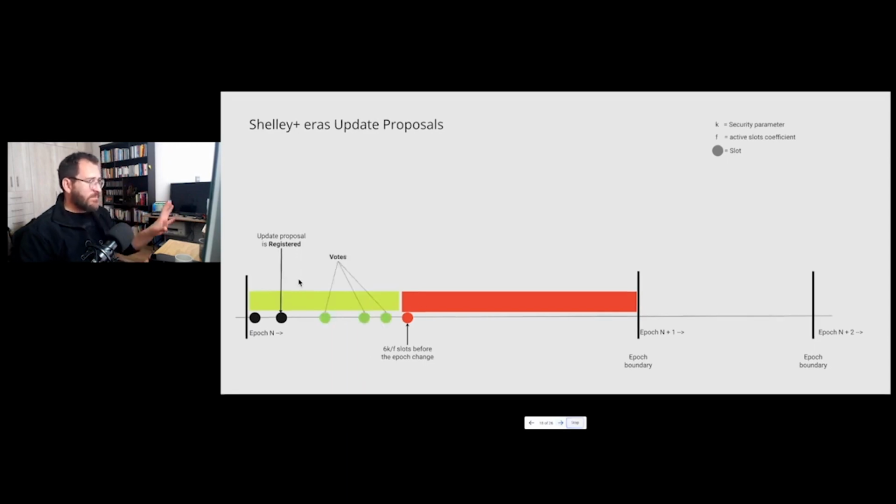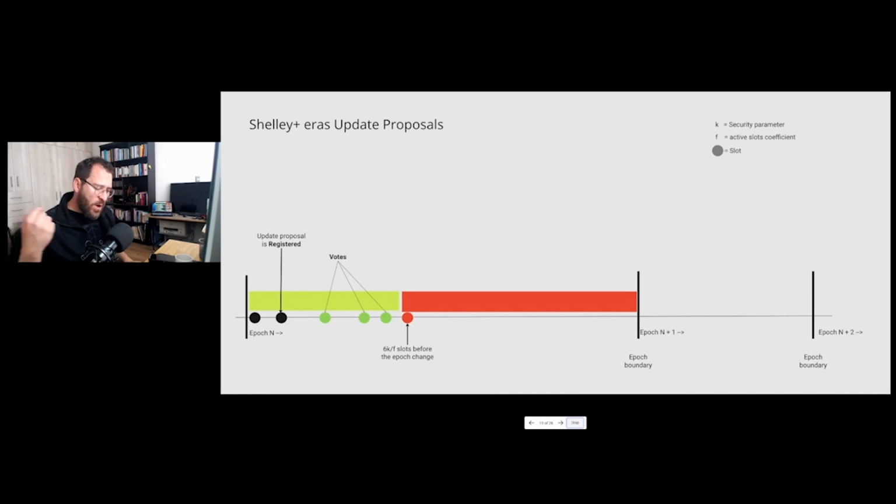So we have, again, the other delegate keys, and including the one that submitted the proposal, have to vote. But this time, even the one that submitted the proposal doesn't have to actually do anything because it submitted the original proposal. So that's counted as a vote.